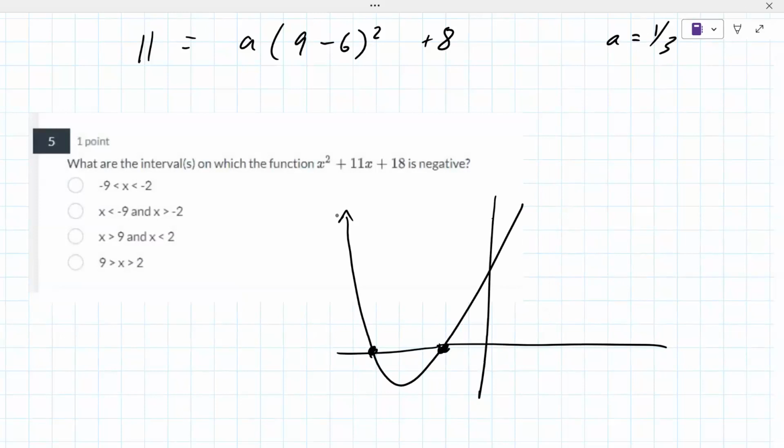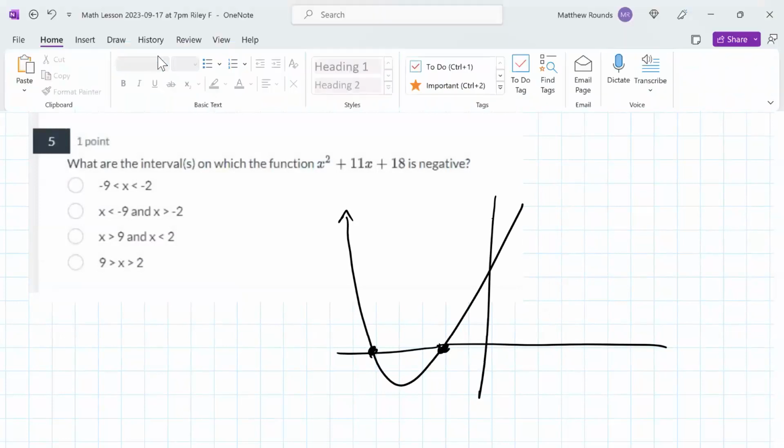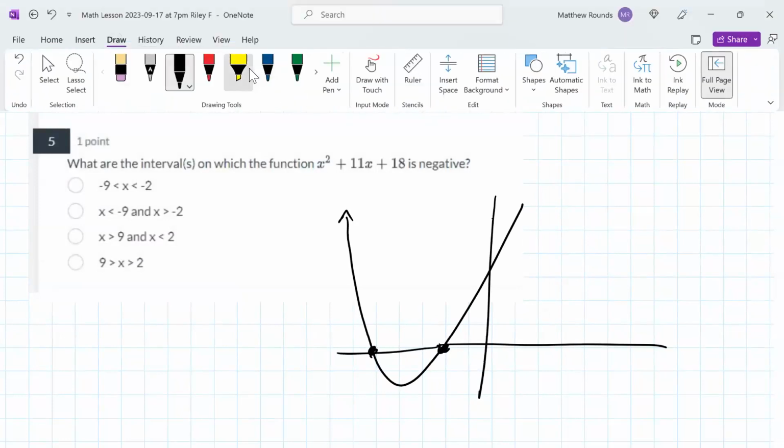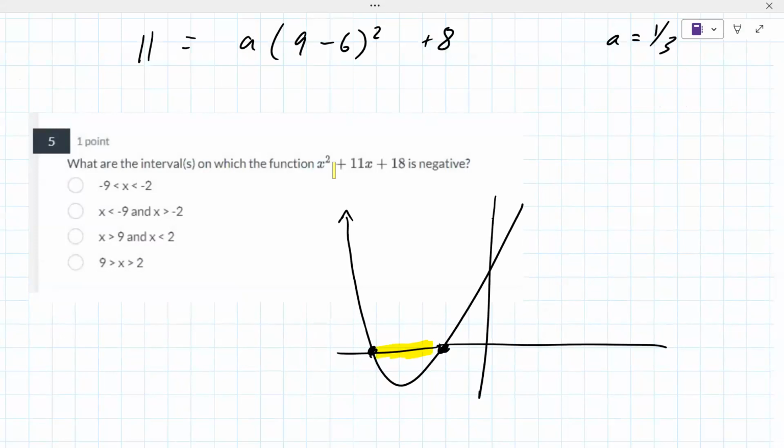Just because we're short on time here, maybe go to Desmos or do that later, but you want the region in between these x values. So you're looking for this interval in here. So you'll find that this is -2 and this is -9. So it has to be less than -2, but greater than -9. And the only one that it could be is that one right there. Perfect.